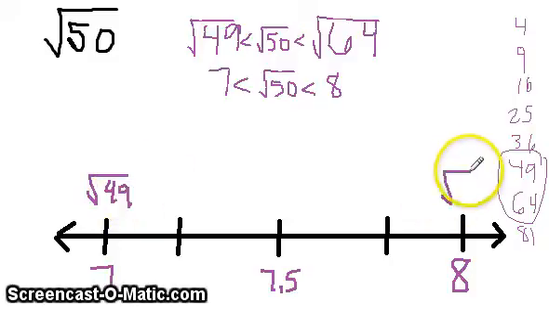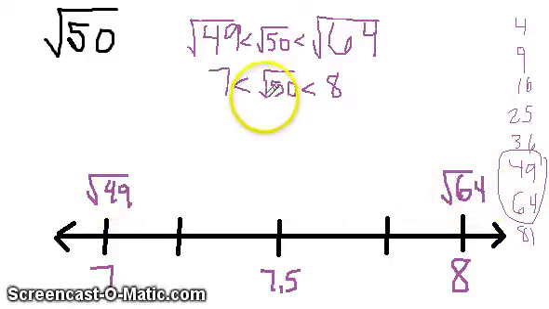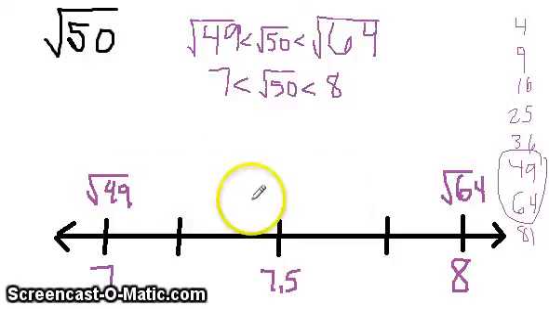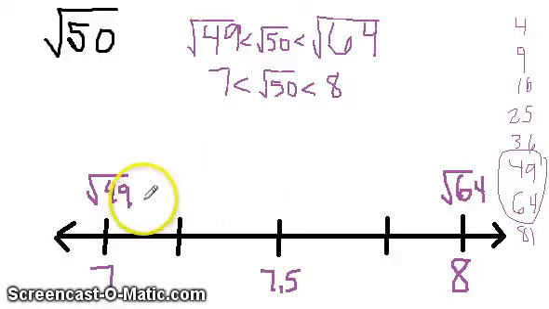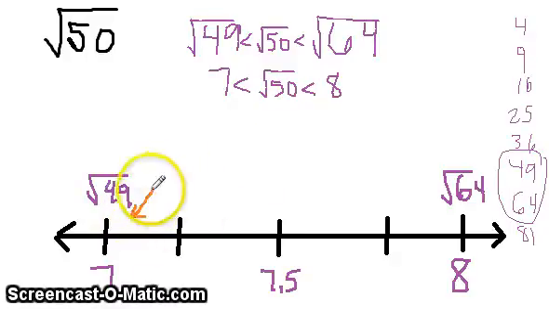The square root of 64 would be way up here at 8. And the square root of 50 then, if we're trying to put that on the number line, well, 50 is right after 49. So the square root of 50 is going to land somewhere right here.